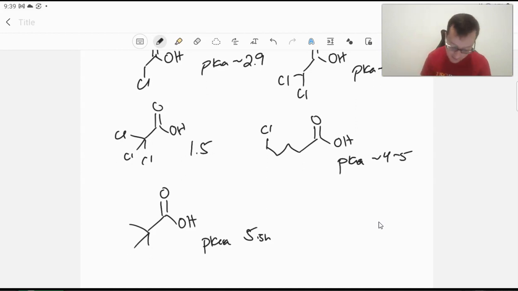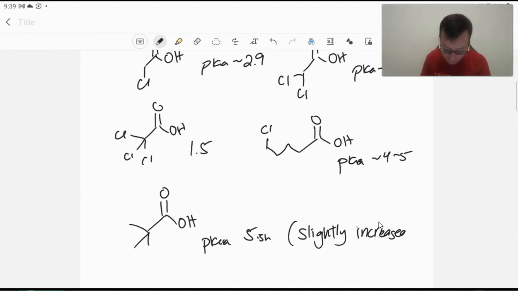It's very slightly higher. Because having an electron donating group next to your acid is going to donate electron density towards it, which is what you don't want. Your conjugate base is trying to resonate that lone pair, that negative charge, that electron density. And so by putting more into the system, you're making it worse.